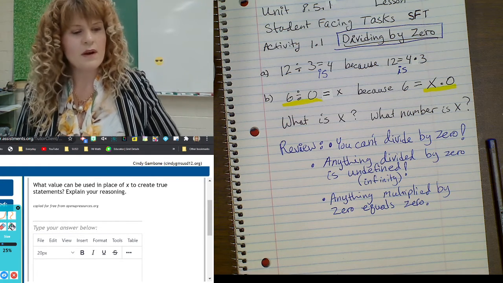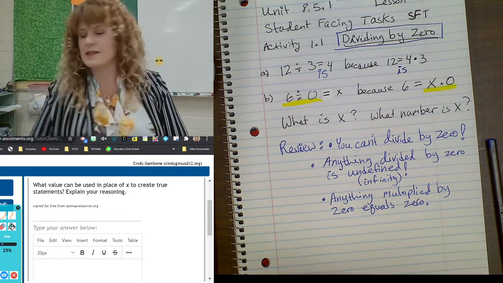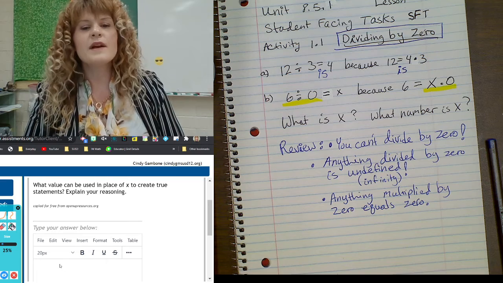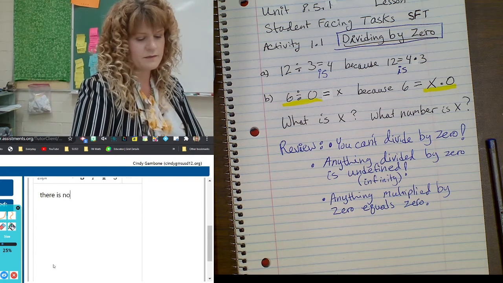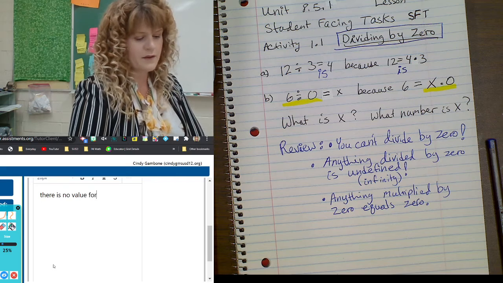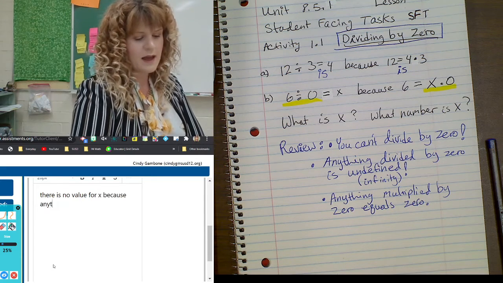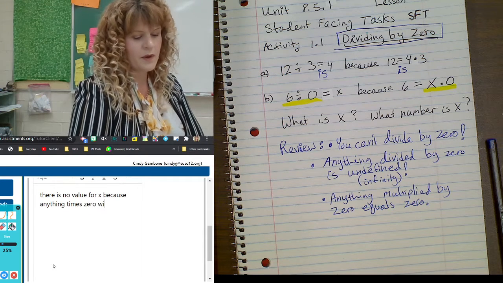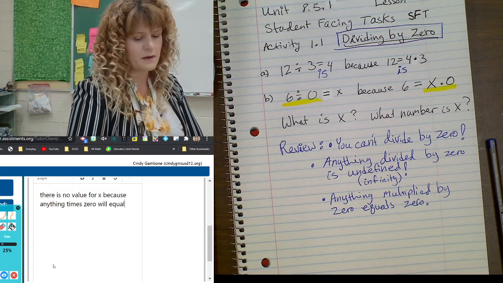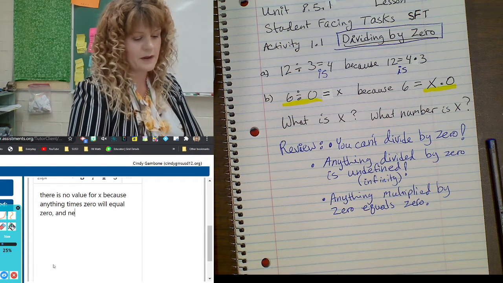Type your answer below. It's asking you what value of x makes the statements true. There is no value for x. There is no value for x because anything times 0 will equal 0 and never equals 6.